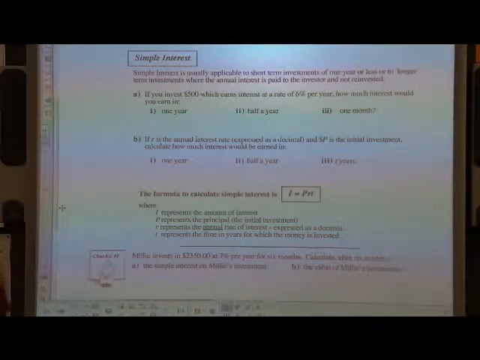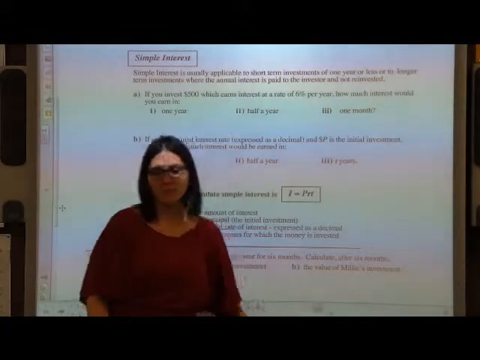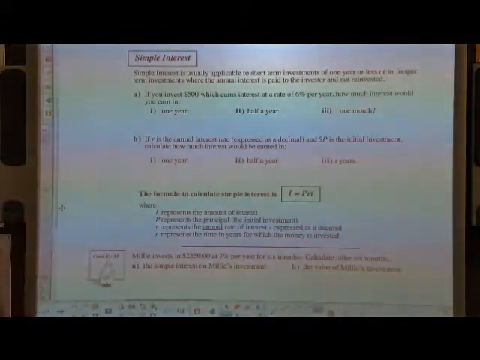So if I have $500 and the interest that I earn is 6% a year, how much money would I earn in interest in 1 year? How would I calculate that?